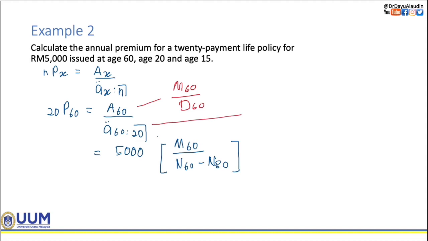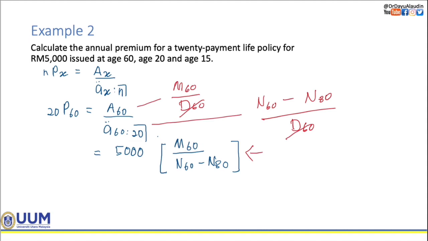And the annuity is N60 minus N(x+n), so N80 over D60. So we cancel out D60. And what we got is this one: M60 over N60 minus N80.